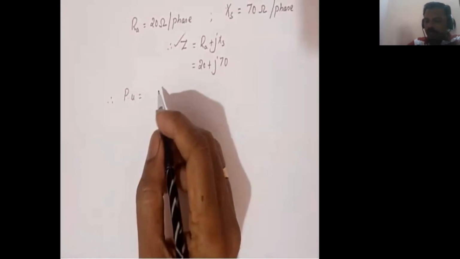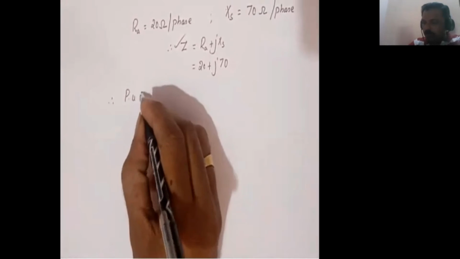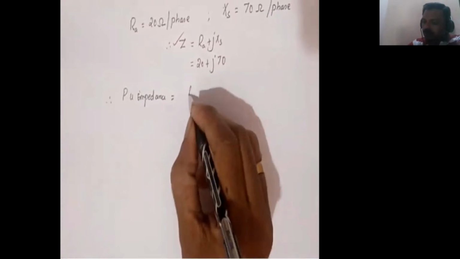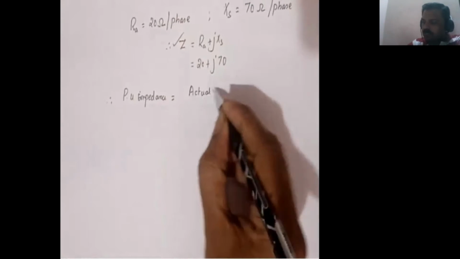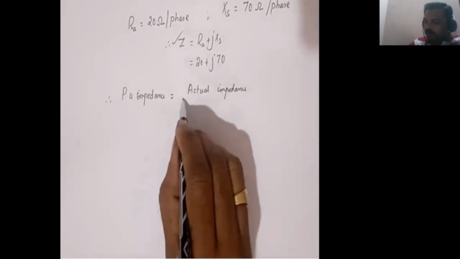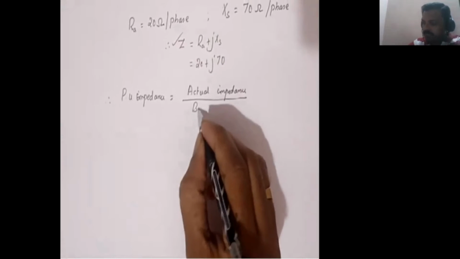Therefore, per unit impedance is equal to actual impedance divided by base impedance.